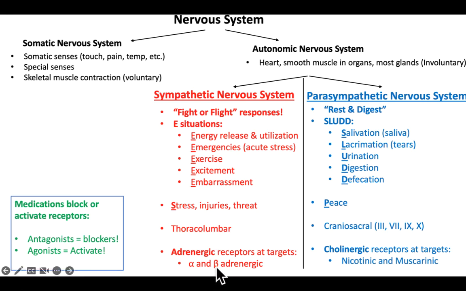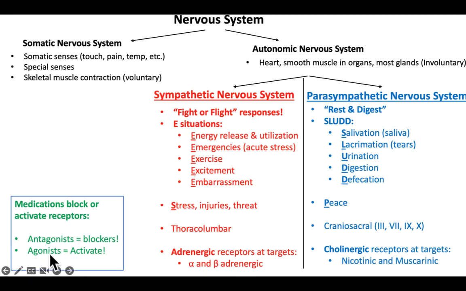Those block the beta adrenergic receptors on your heart. So they block the effect of epinephrine and norepinephrine. So those medications will actually slow the heart down because we're blocking epinephrine and norepinephrine, which speed the heart up.